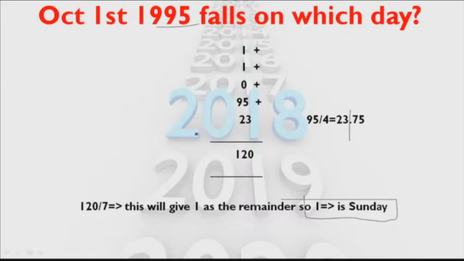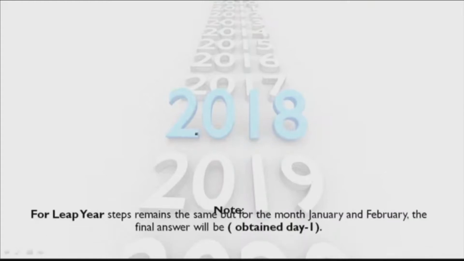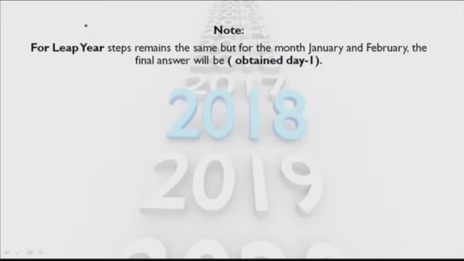But there's one thing that you have to note down: for a leap year, if the month given is January or February, then you follow the same steps, same like the other problems, but it will be final answer minus 1. Final answer minus 1. So in a leap year, only for the months January and February.